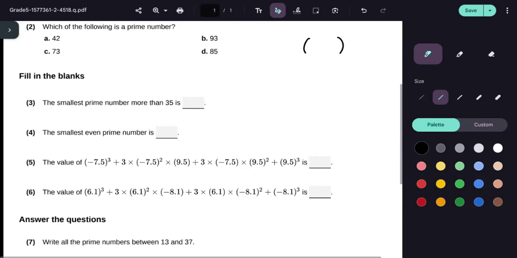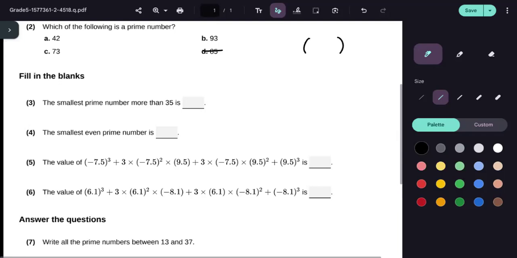Okay, D we know is out because anything that has number 5 in it, okay, 85, 75, 65, all these can be divisible by 5. So this will be out. Okay, but for the single digit 5 is a prime number because it only has 1 and itself.